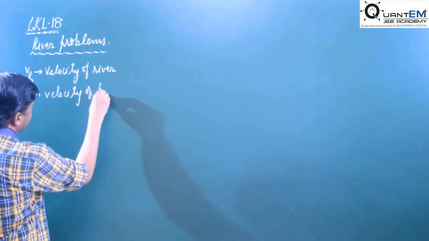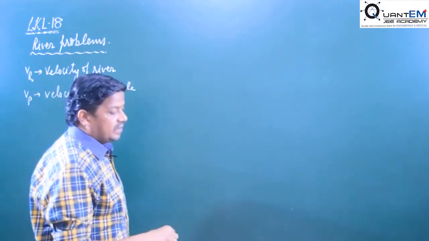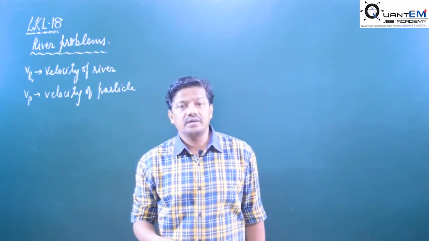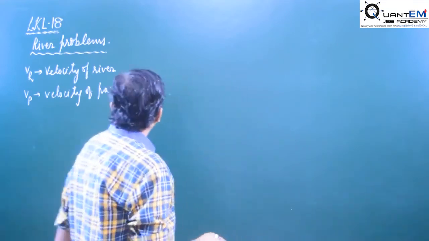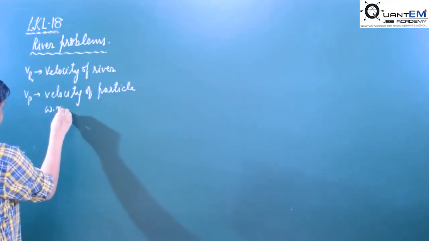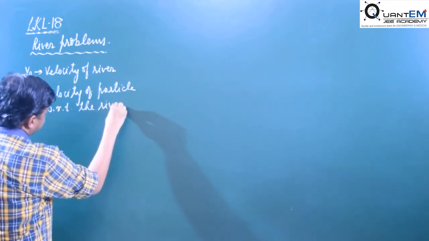It is velocity of particle. Particle may be a boat, maybe any body, or maybe a ship, or swimmer. Velocity of particle with respect to the river.